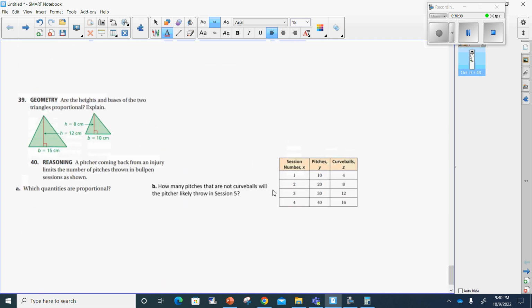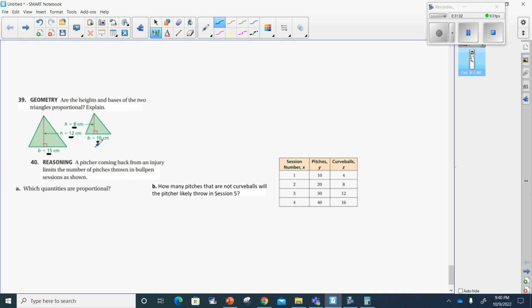Oh, thank you. This is my last one, looks like. Geometry. Are the heights and bases of the two triangles proportional? Oh boy. Okay. On this one, it says when this base is 15, this base is 10. When this height is 12, this height is 8. All right.